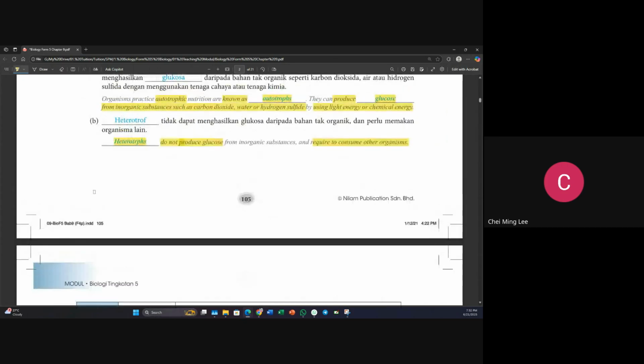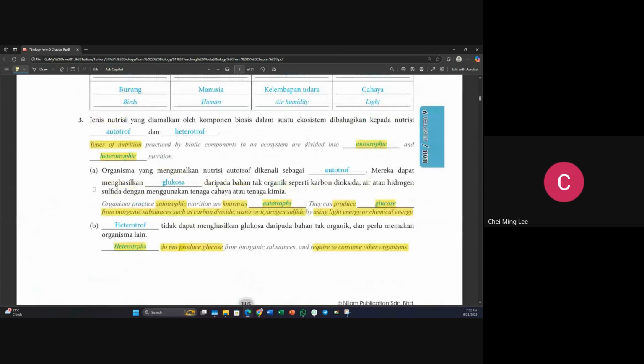The pitcher plant, we call it, I forget the English name already, the one that can trap insects. One is a flytrap, another one is called the pitcher plant in Malay, but I forget the English name.